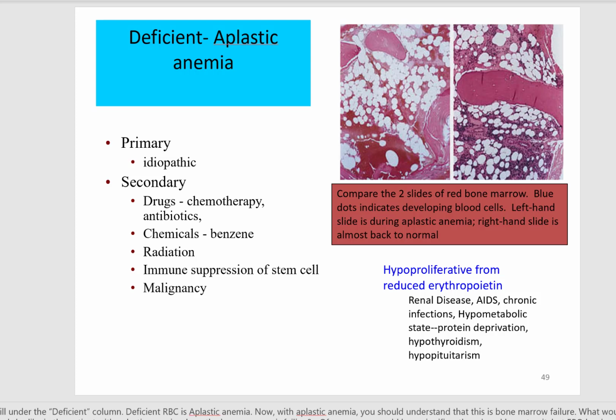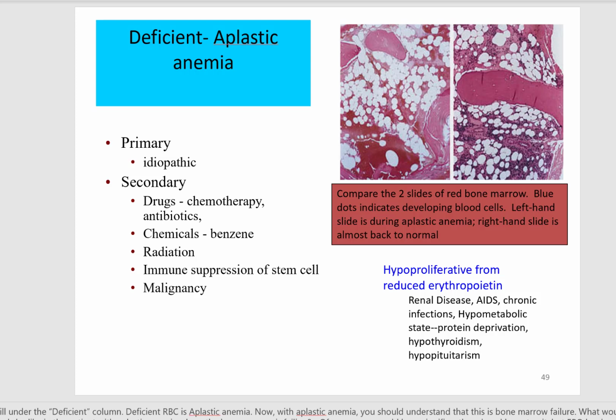So let me say this again. Primary or idiopathic aplastic anemia, we cannot for sure identify a reason why the hemocytoblast is failing. It just is. Maybe it is a genetic disorder that we have not detected yet.